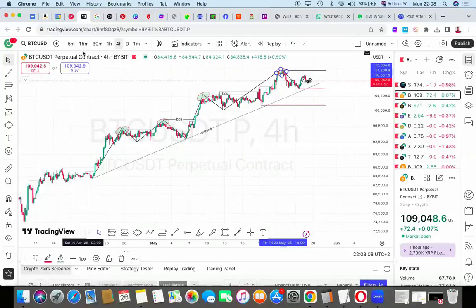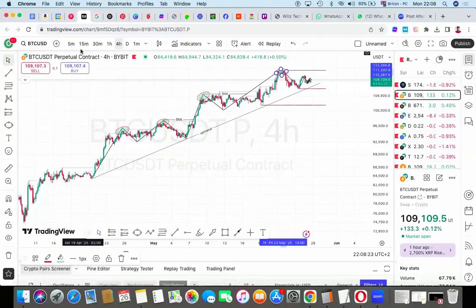If we are to do our top-down analysis, I always recommend that you start from the daily or the 4 hours time frame downward, then having your entry time frame, which I would always recommend as 4 hours, 1 hour, 30 minutes, and 15 minutes.